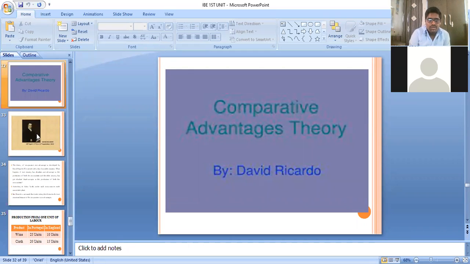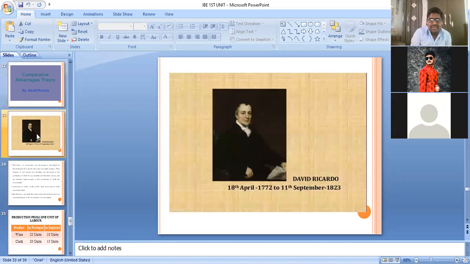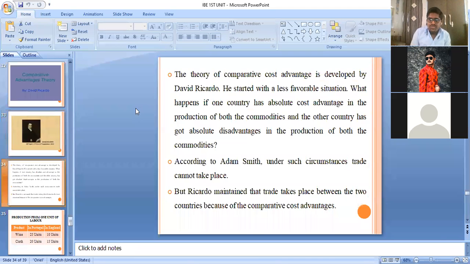This is the person, David Ricardo, who gave another international trade theory. The absolute cost advantages theory and the comparative advantages theory are both international trade theories.